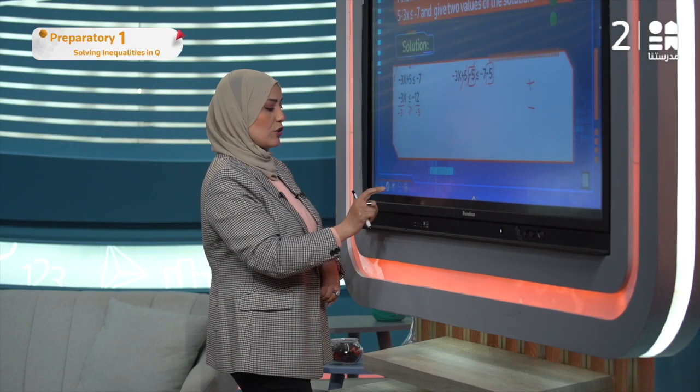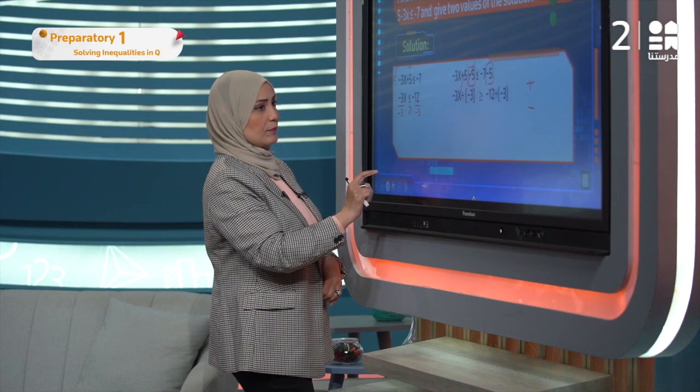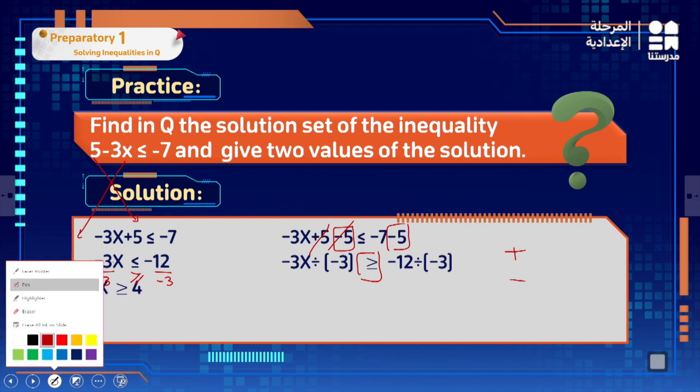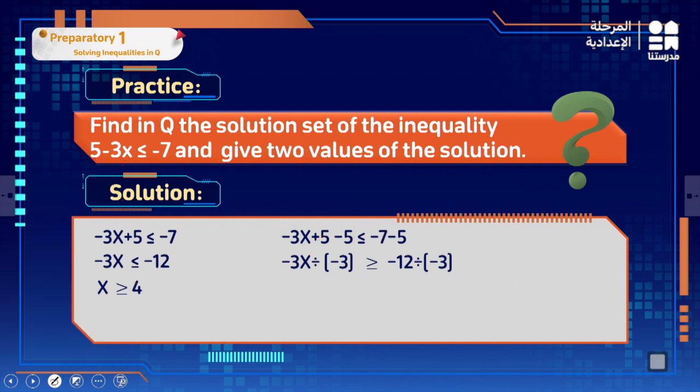Keep that in mind. So here we have -3x divided by -3 is greater than or equal to -12 divided by -3. Then cancel the -3. X is greater than or equal to negative divided by negative is positive, which is 4.